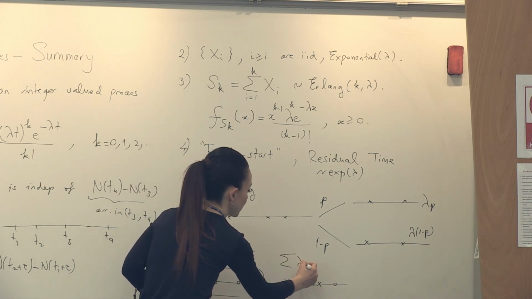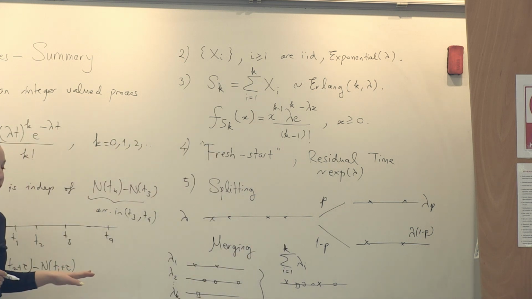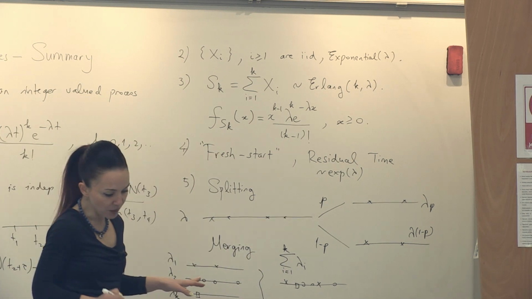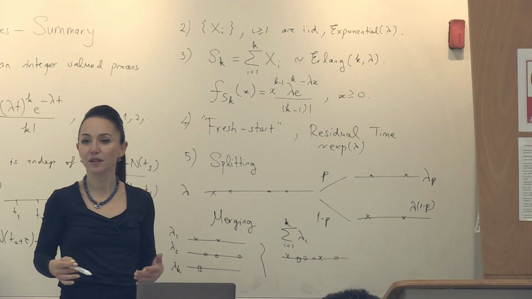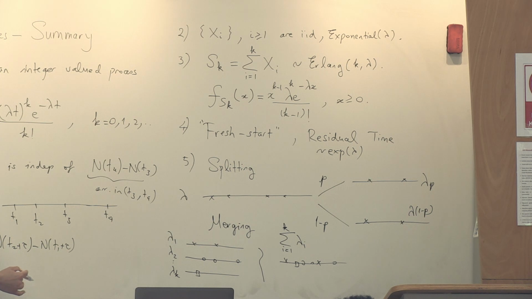Sum of the lambdas, i from 1 to k. And we proved this also. Okay, so that's essentially a quick review of the definition and properties of the Poisson process.